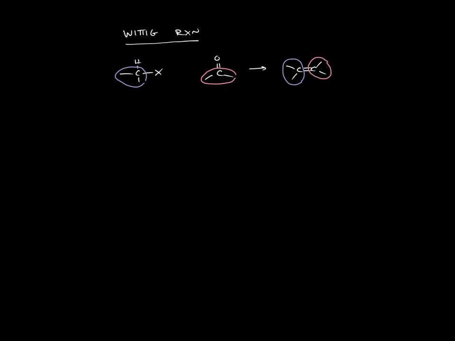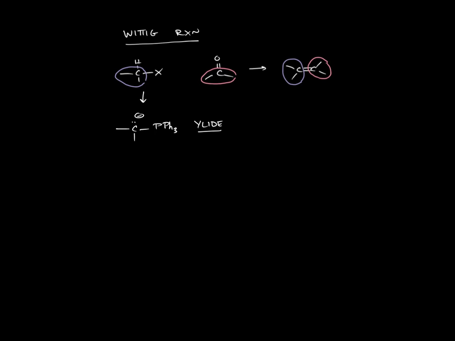When we look at these two things, you can't put an electrophile together with an electrophile and make a new carbon bond, so we really need to be turning one of these guys into a nucleophile. And in the Wittig reaction, you turn the alkyl halide into something that looks like this. We'll call it PPh3 for the moment, which is an ylide, Y-L-I-D-E.